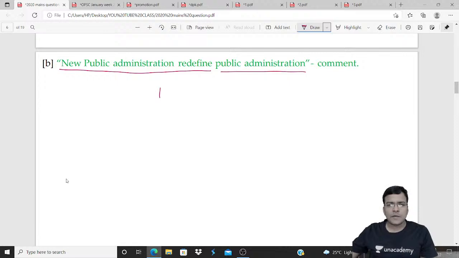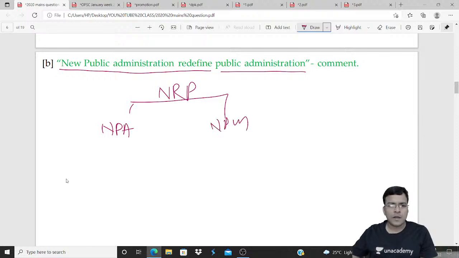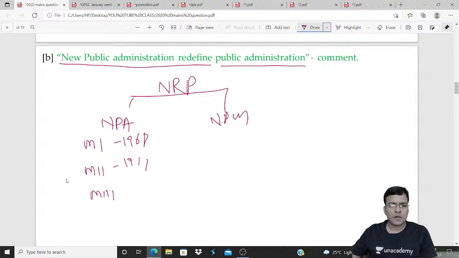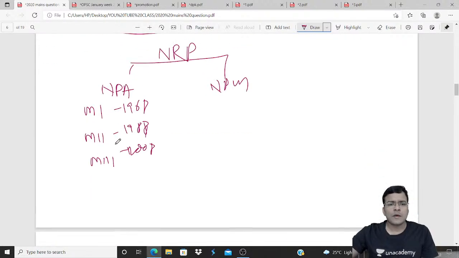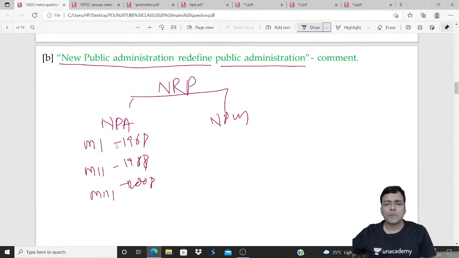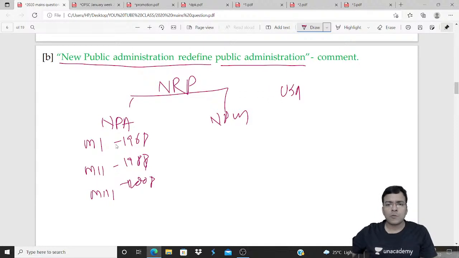So as I said, this diagram: new right philosophy, new public administration, new public management, and in new public administration we have Minnowbrook 1, Minnowbrook 2, Minnowbrook 3, 1968, 1988 and 2008. After that you start shortly on which ground, in USA.